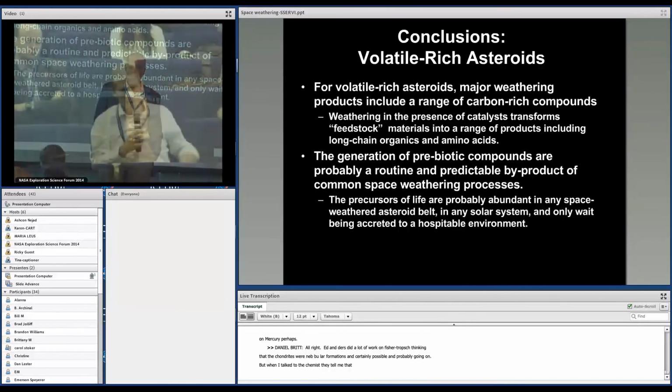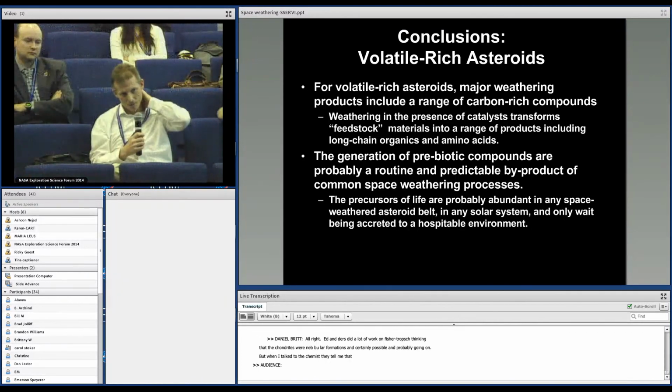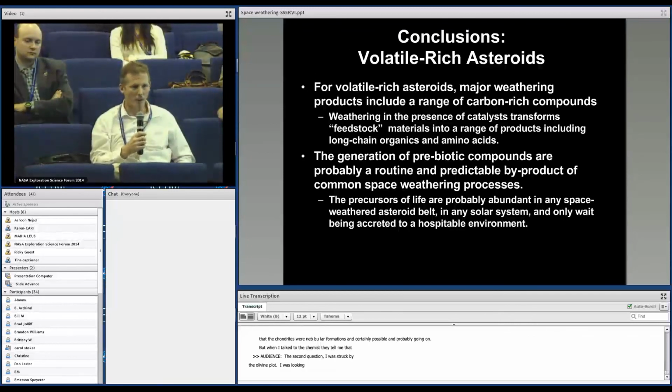Okay. The second question isn't really process. I was struck by the olivine plot. I was looking at temperature dependency in the spectra of olivine as well. And the spectra looked similar to MESSENGER spectra of Mercury. Do you think the reason, perhaps, why we don't see a strong 1 micron band on Mercury is simply because the surface has been heated and the olivine itself has been decomposed?